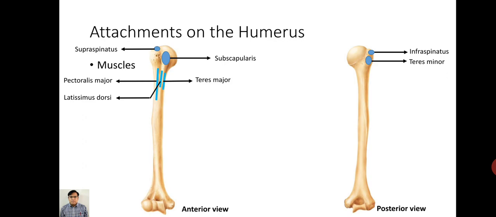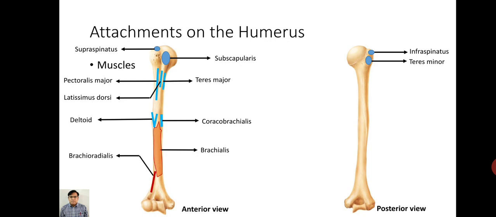On the medial border there is insertion of coracobrachialis, this one. Now on the deltoid tuberosity there is insertion of the deltoid muscle, this one. Then the lower half of the anterolateral and anteromedial surface gives origin to the brachialis muscle, this one. Then the upper 2/3 of the lateral supracondylar ridge gives origin to brachioradialis, this one.